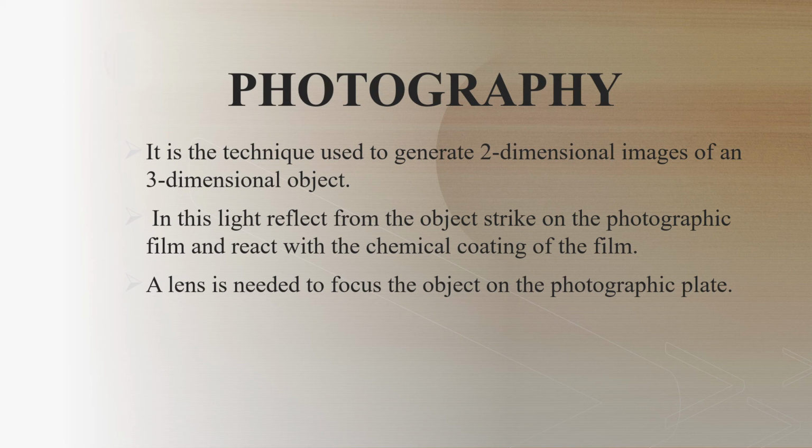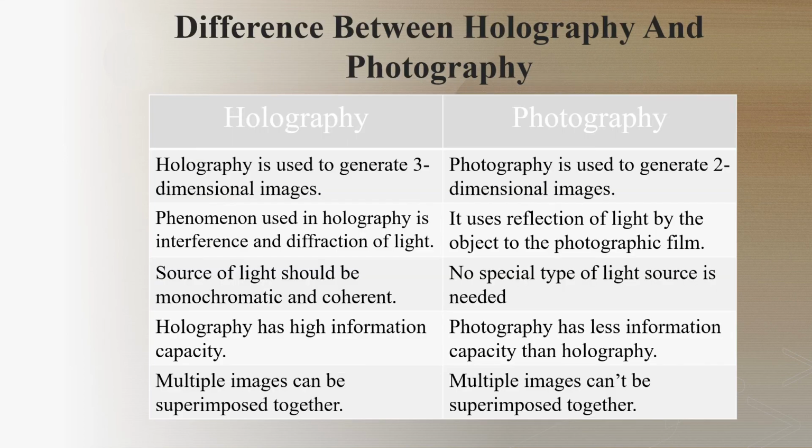It is a technique used to generate two-dimensional images of a three-dimensional object. In this, light reflects from the object, strikes the photographic film and reacts with the chemical coating of the film. A lens is needed to focus the object on the photographic plate.